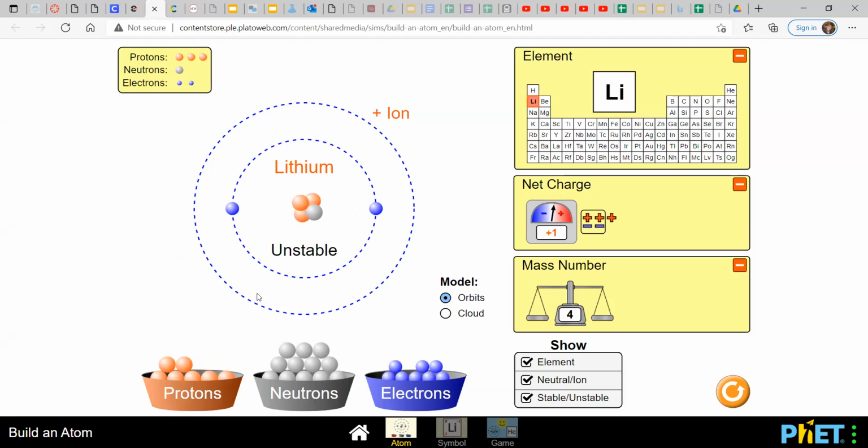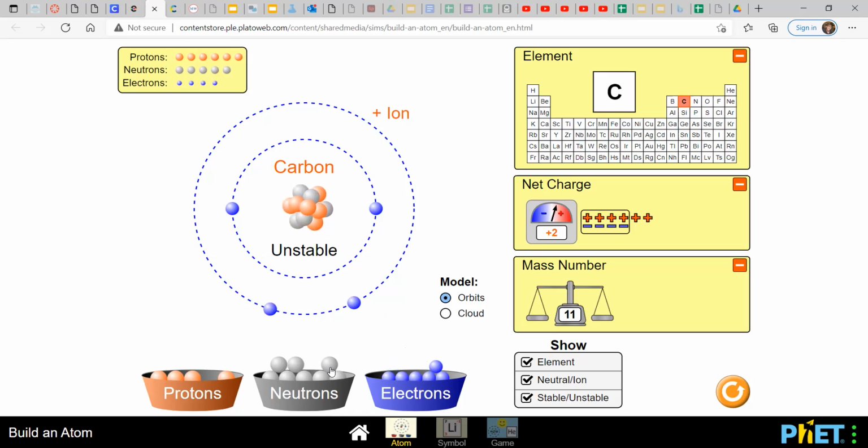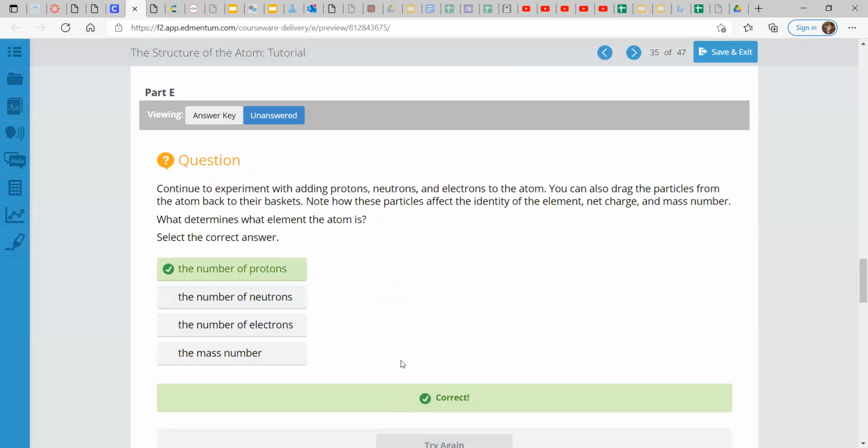Helium, lithium, beryllium, boron, carbon, and so on. You can keep adding neutrons to make it more stable. There we go.